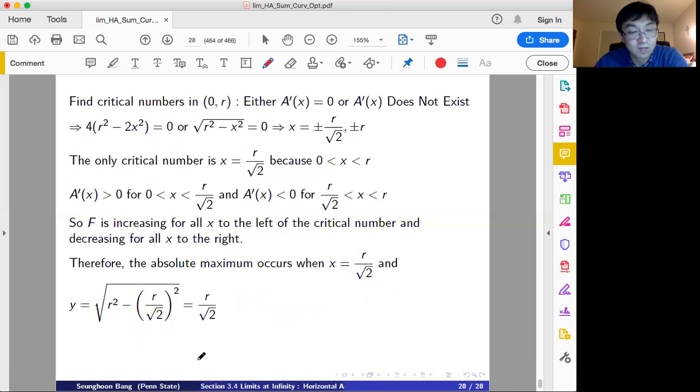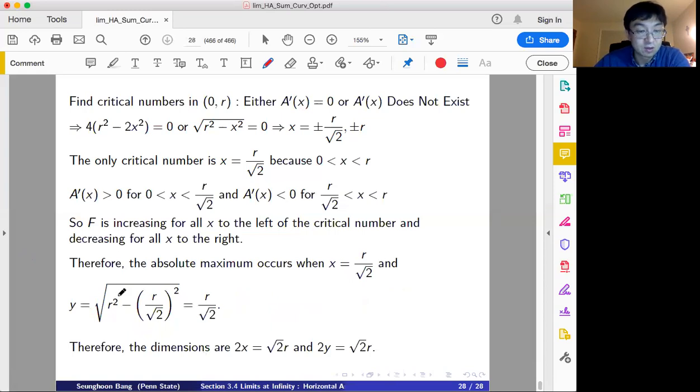So what is the answer? The dimensions are 2x and 2y. Remember, the previous one was a circle, and you find the rectangle with length 2x and width 2y. So the dimensions are 2x and 2y. The 2x is exactly 2 times r over square root of 2.